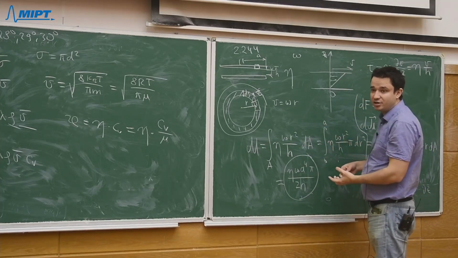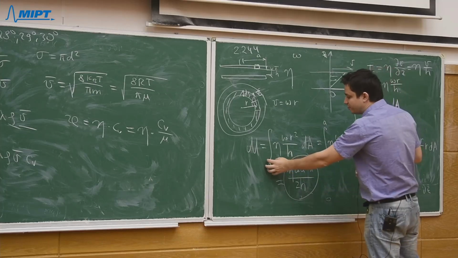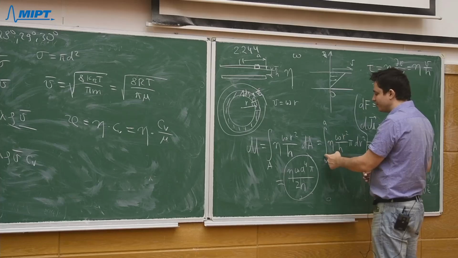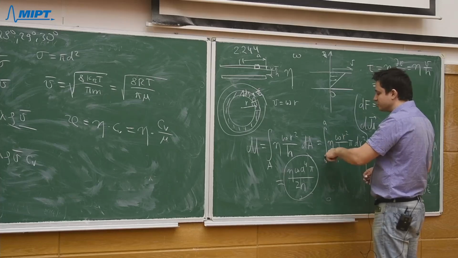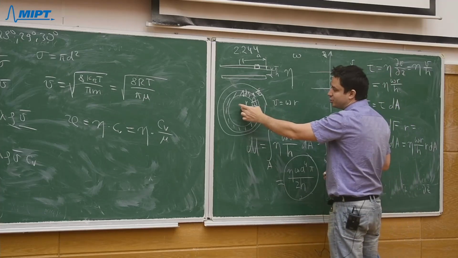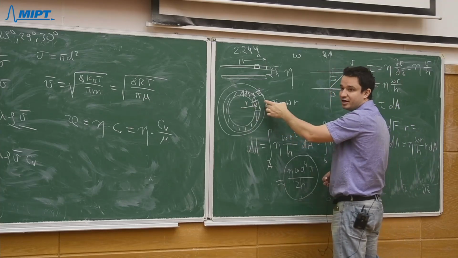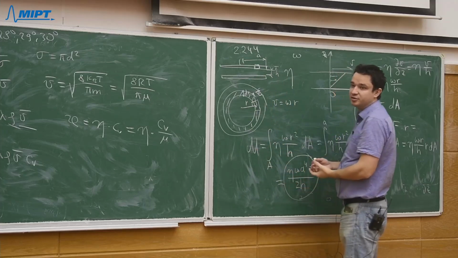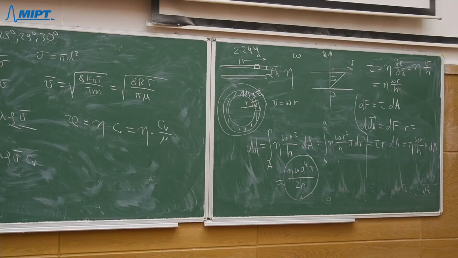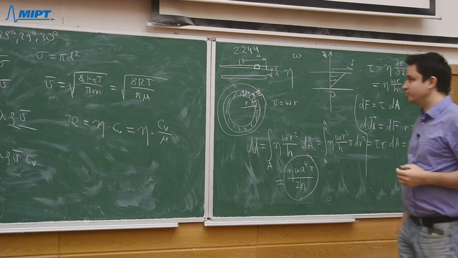What I actually do is, instead of integration over the area, I integrate over the whole disk by switching the radius from 0 to a. The a is the whole radius of the disk. Okay, so this is how I go in this problem.